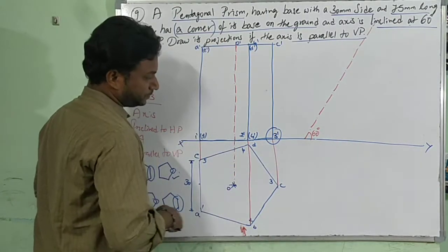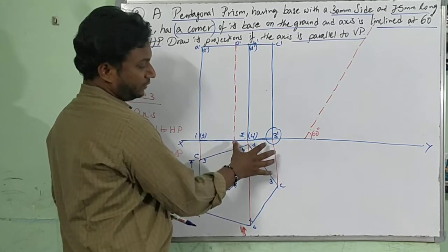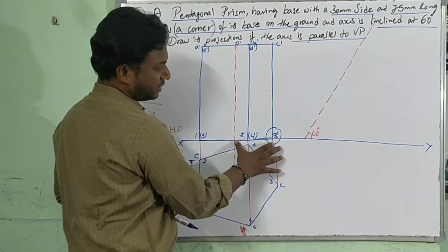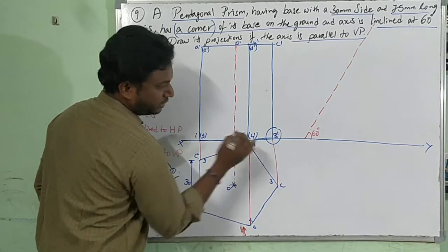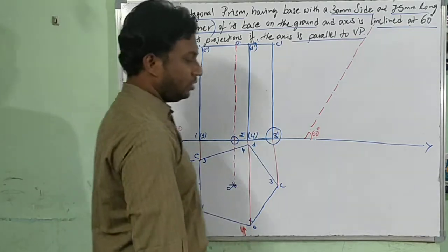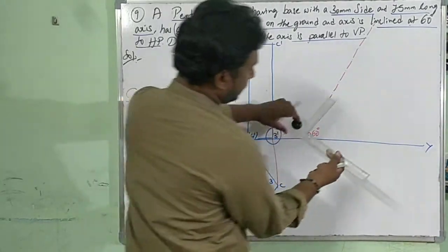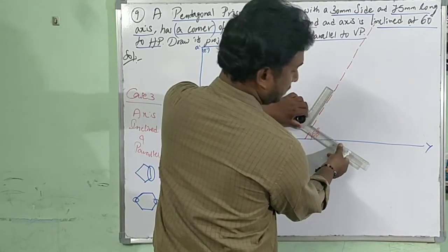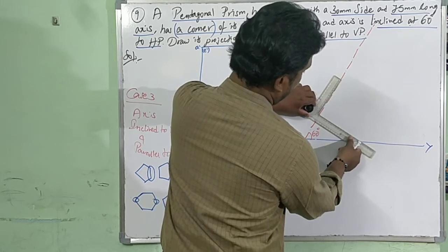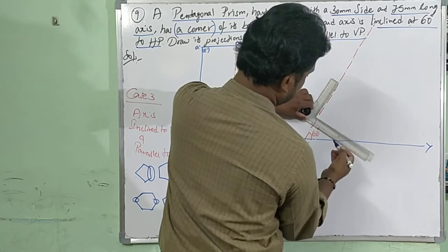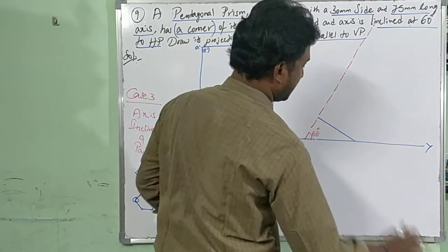Now think here. Measure 1 dash 3 dash. But with respect to this line, you have to measure from the axis. Right? From the axis to this point distance. Now take your drafter or scale, align with the axis, move it here such that the length will come and coincide here.